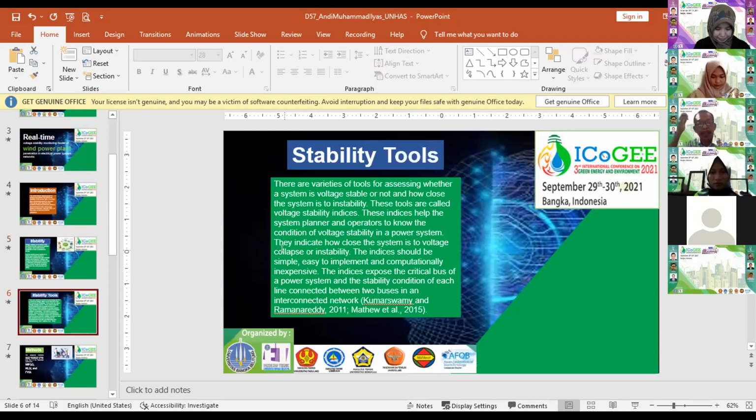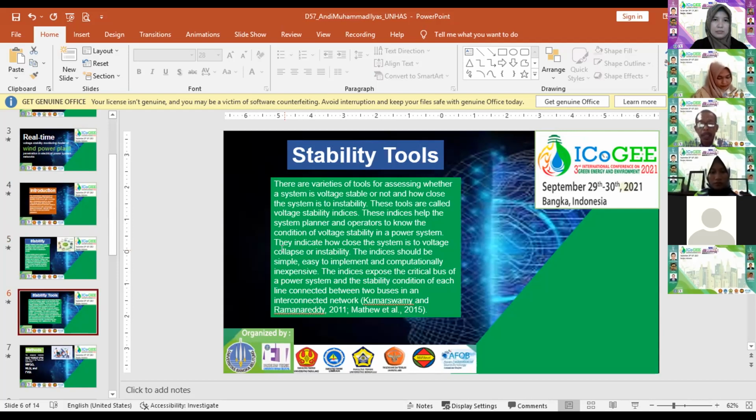The basic theory about stability tools: there are varieties of tools for assessing whether a system is voltage stable or not, and how close the system is to instability.